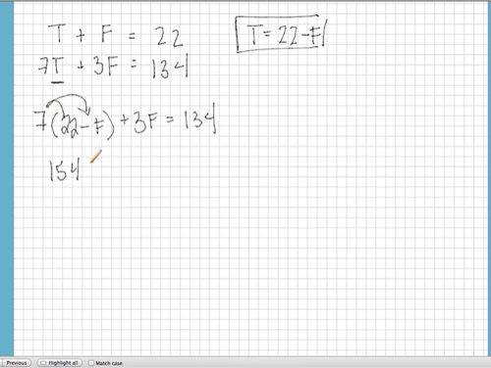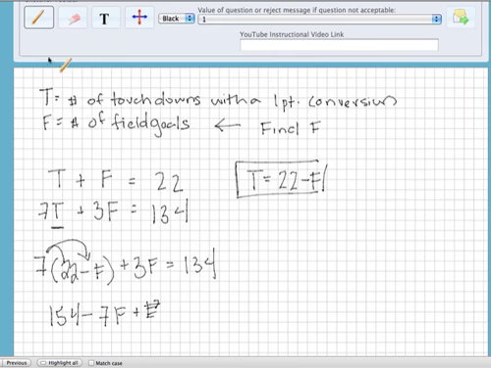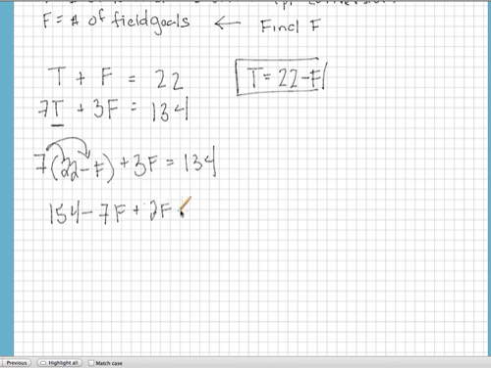And then if I distribute that to the F, I would get minus 7F. We'll have plus 3F is equal to 134.